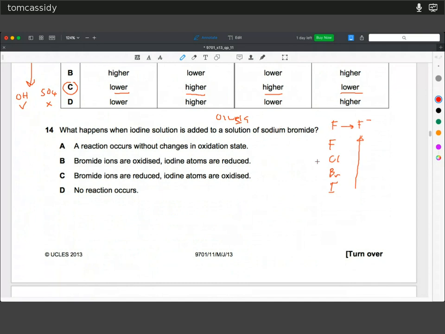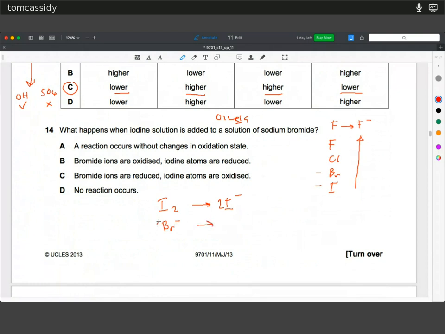And we're comparing, aren't we, in this example, bromine and iodine. It says we've got iodine in solution and we've got bromide ions. Now, what it wants us to think about is, well, is this reaction possible? Can iodine go to iodide ions?